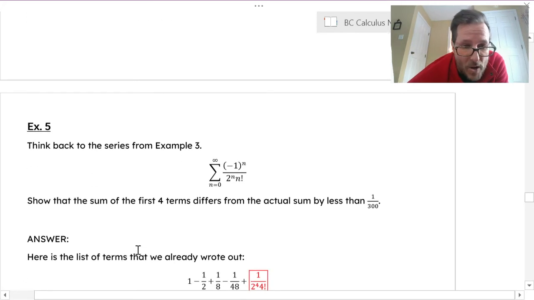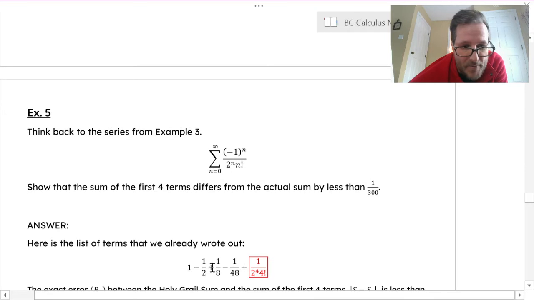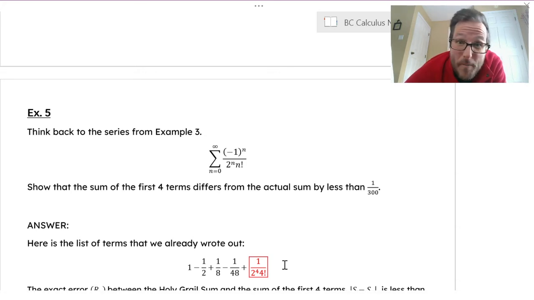So the first 4 terms are 1 minus a half plus an eighth minus 1 over 48. That's fine. But the very next term would be 1 over 2 to the 4th times 4 factorial, which I worked out with a calculator, and that's 384. And 1 over 384 is smaller than 1 over 300.